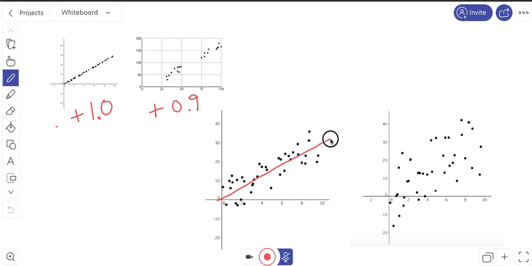So for example, I could draw a line through this data, but if I look at the reach of the data, it looks like 15 down to 4. So the span of this data is 19 or 20 units around each and every point on this line, which is huge. That is enormous.